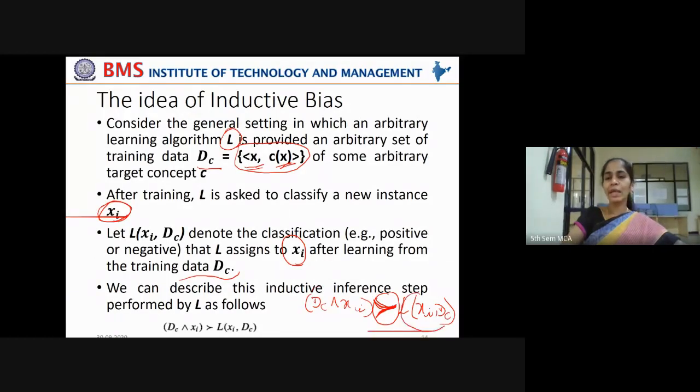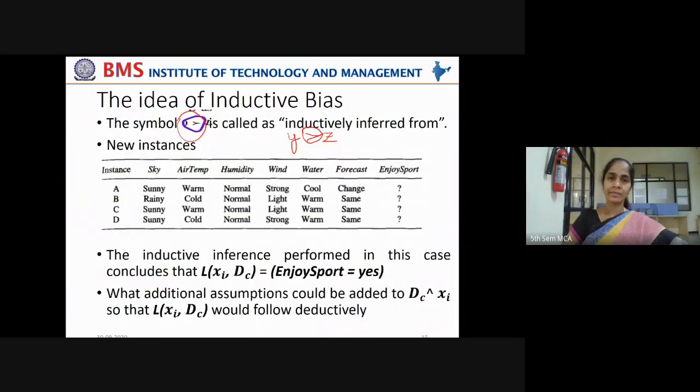This new label is inductively inferred from the training examples and applying that to the new instance.